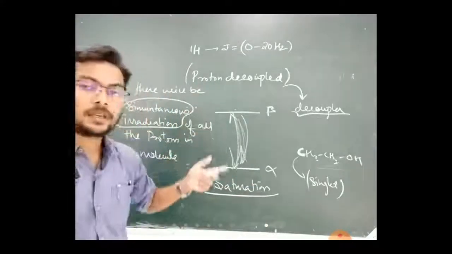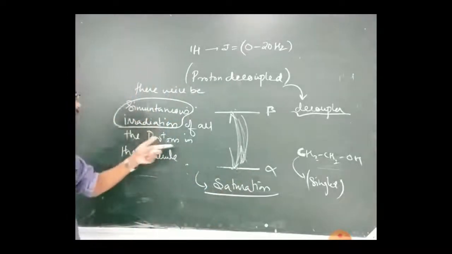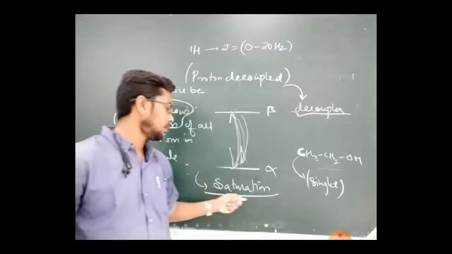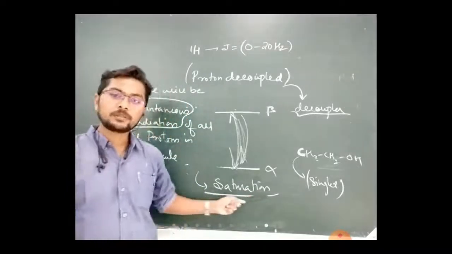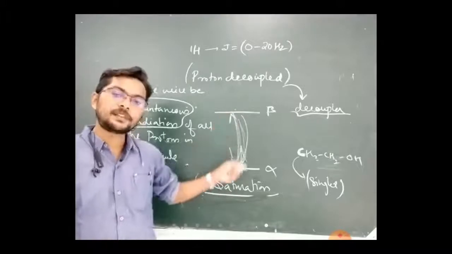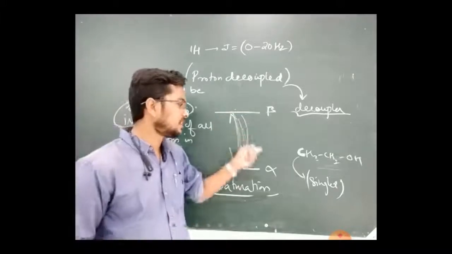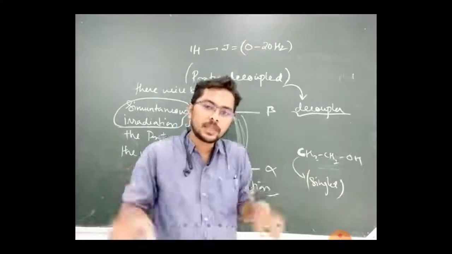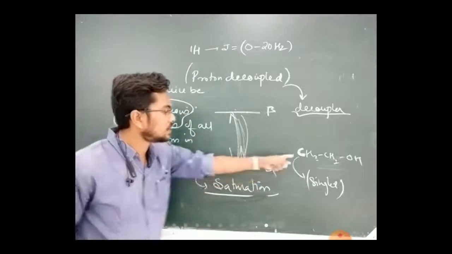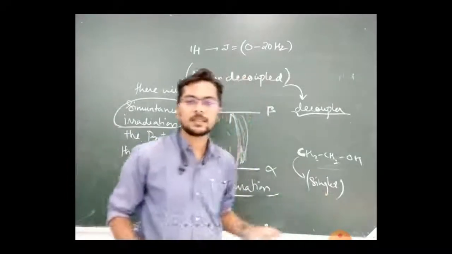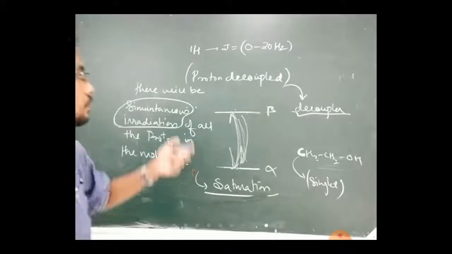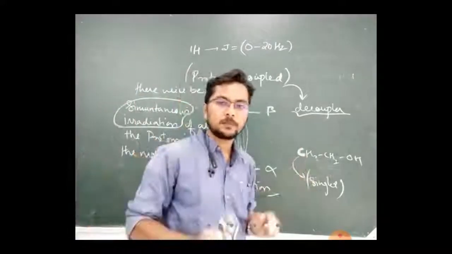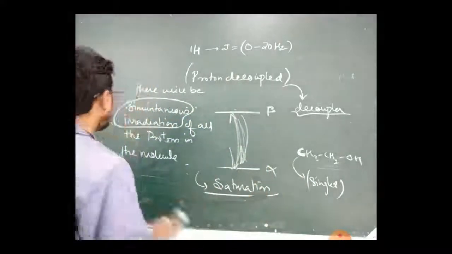In proton decoupled, we are simultaneously irradiating all the protons in the molecule together, and because of this we have reached a state of saturation, and because of the saturation there is no population difference, so this carbon 13 nucleus now feels that there is no adjacent hydrogen atom nearby, and the carbon 13 signal appears as just one signal. So proton decoupled spectra are clearer and appear as just one peak for each carbon 13 nucleus.